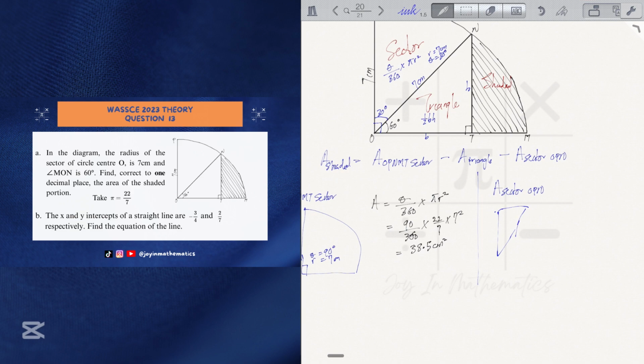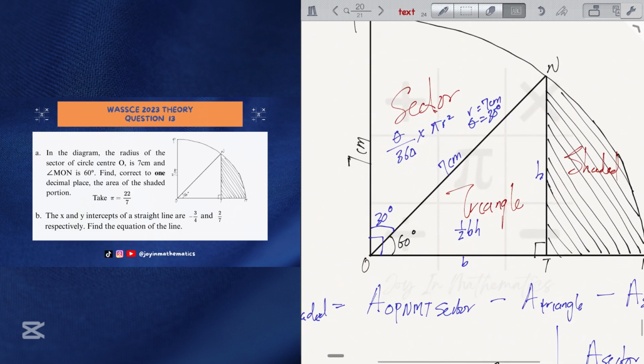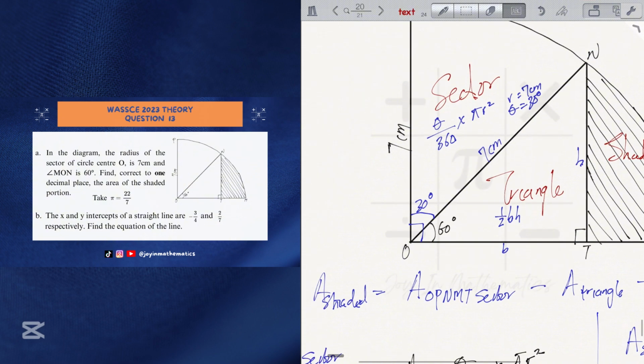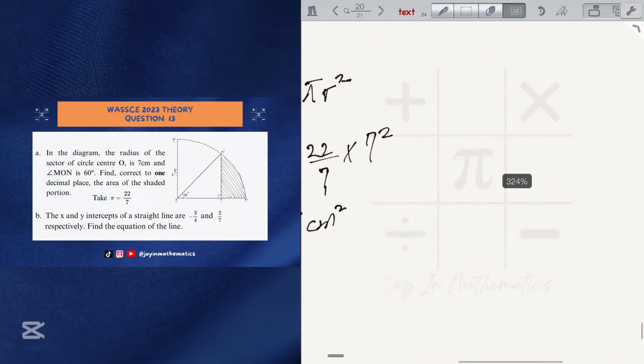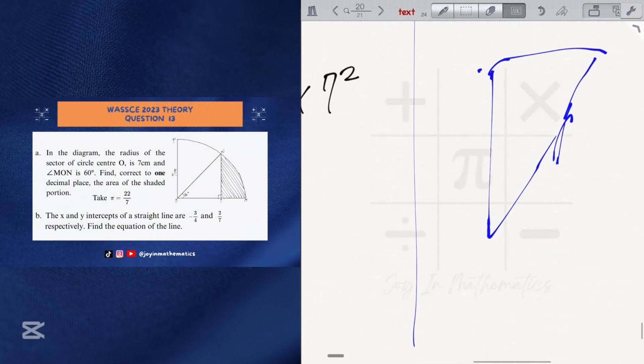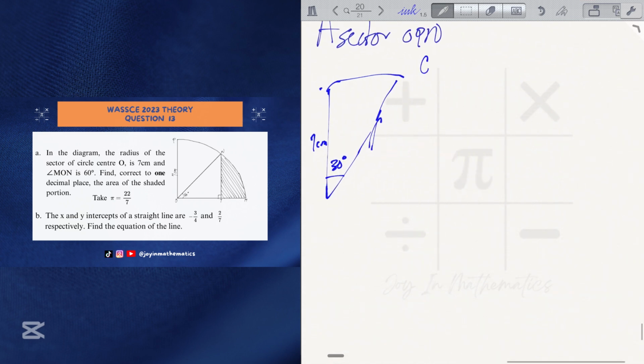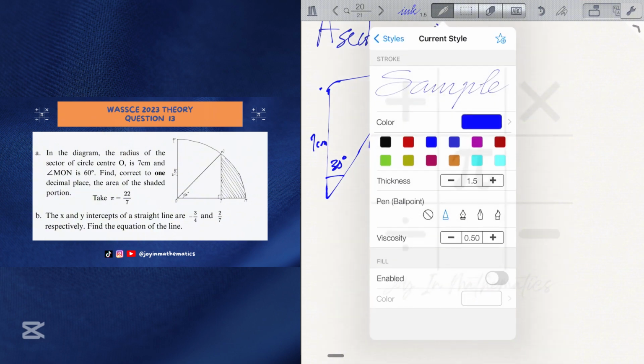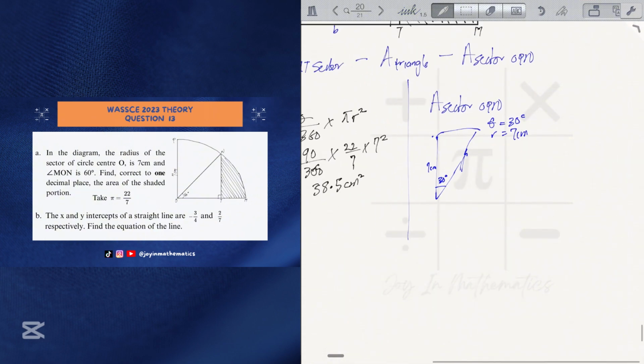So if we look closely at this now, we can see that theta is equal to 30 degrees and r is equal to 7 centimeters. So with this, we can evaluate the area of sector OPN.